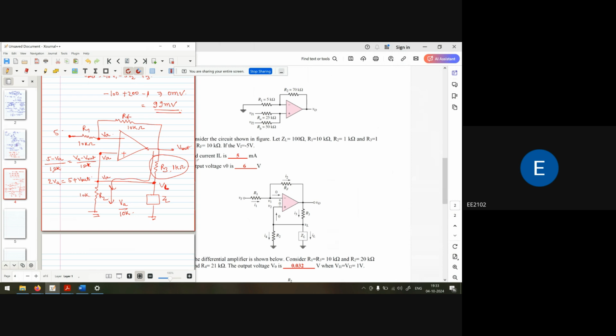Now what is the value of VL? The drop across this resistance, this ZL. So the value of VL is equal to V out into ZL upon R3 plus ZL.